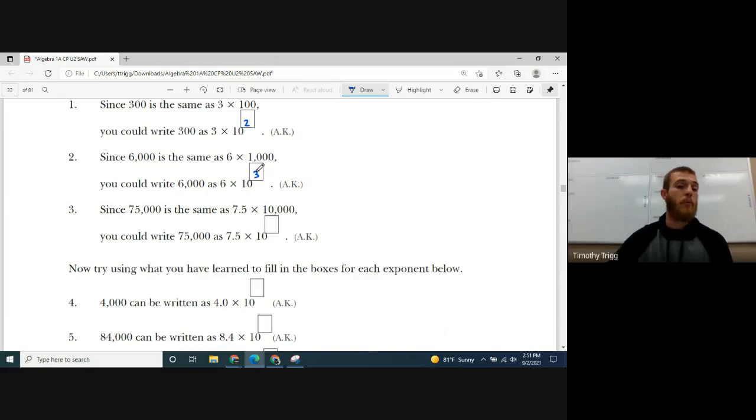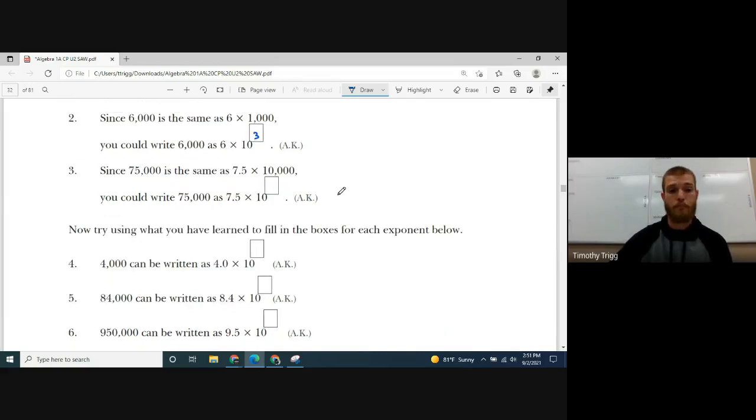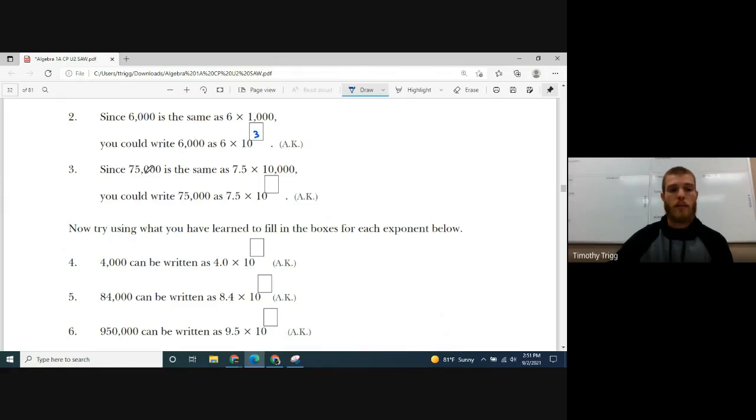And this is how we would write it in scientific notation. 6 times 10 to the third. What about this one? Well, 75,000 is the same as saying 7.5 times 10,000, which is the same as saying 7.5 times 10 to the power of 4. Okay.